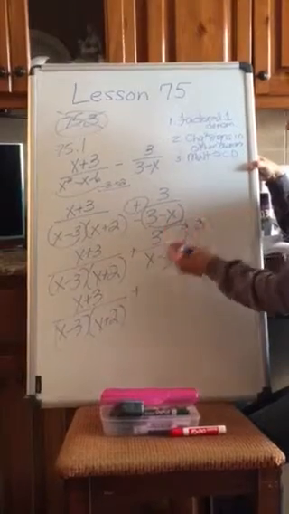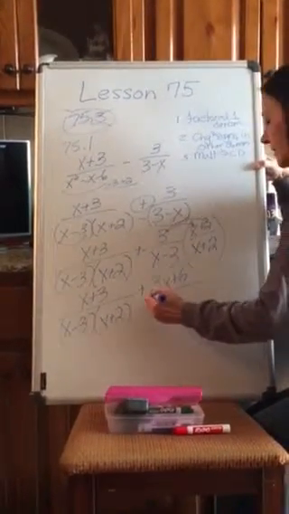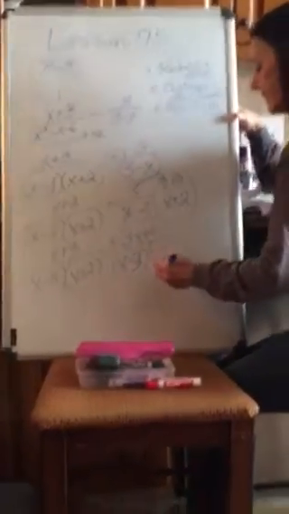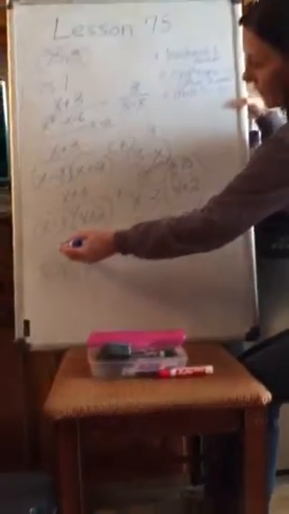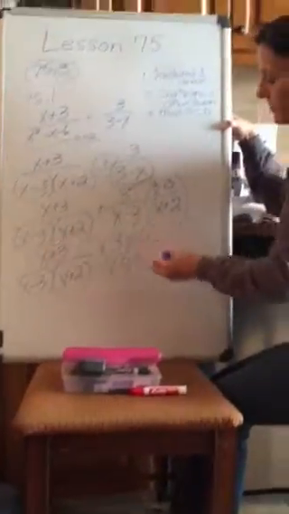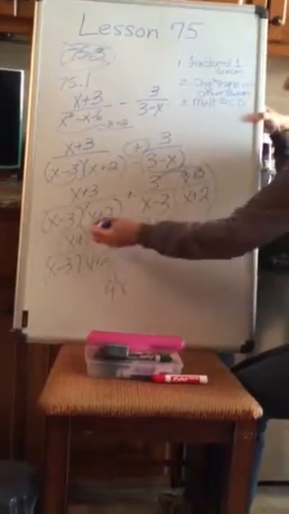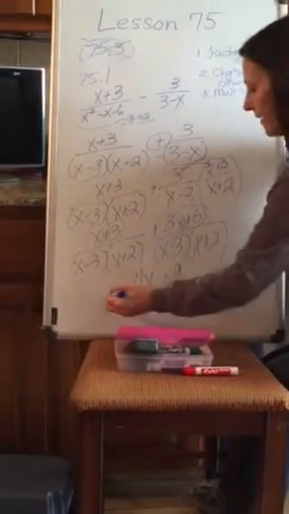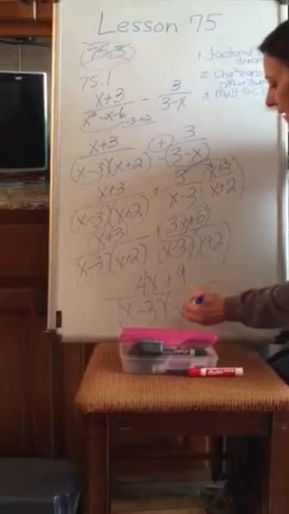Distributing the 3, it's going to be 3x plus 6 over x minus 3, x plus 2. Combining my numerators, 1x plus 3x is 4x. 3 plus 6 is 9. And that would be over x minus 3 times x plus 2.